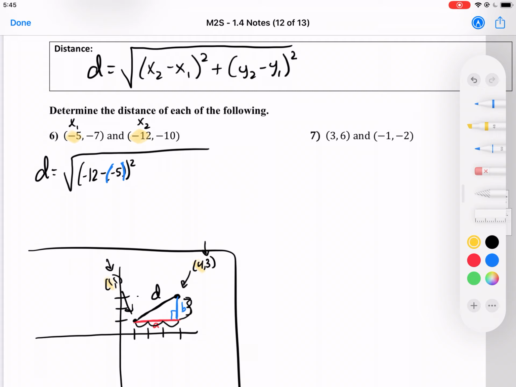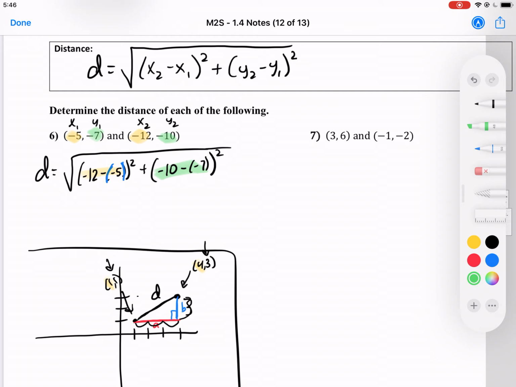So those are our x's. Let's do our y's now. My y2 would be negative 10, my y1 would be negative 7. So negative 10 minus negative 7 squared. And that would be for our y's. I'll just highlight that really quick so we see where those came from.